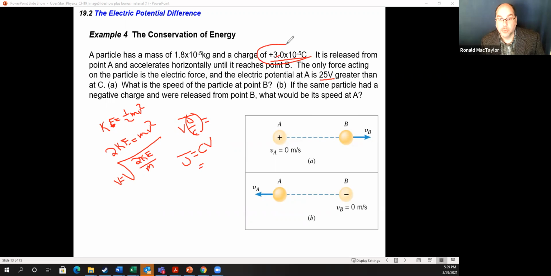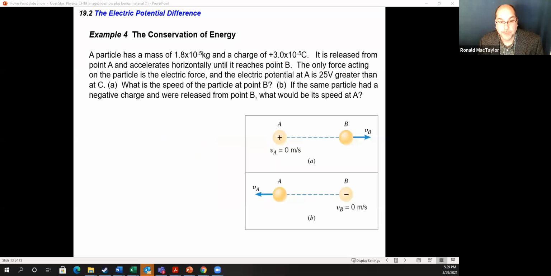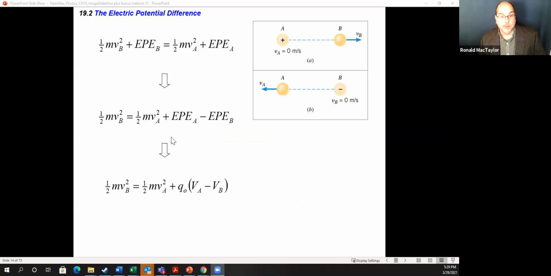So charge in coulombs times volts would give us the energy in joules, and then we'll plug that in for kinetic energy. We know the mass that was given. We can figure out what's going on here. So even if you're looking at a question and you're like, oh my gosh, I have no idea what to do here, take a minute and try to think through the different parts of the problem to see how they might fit together.